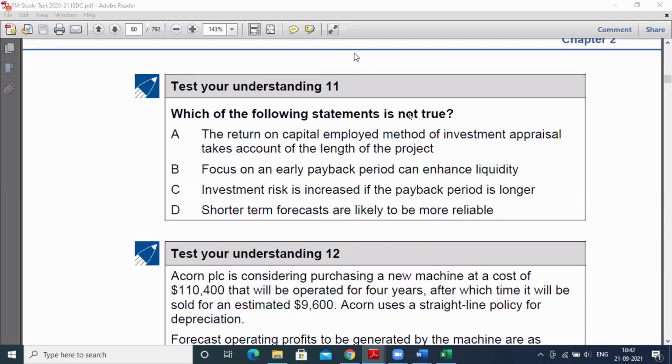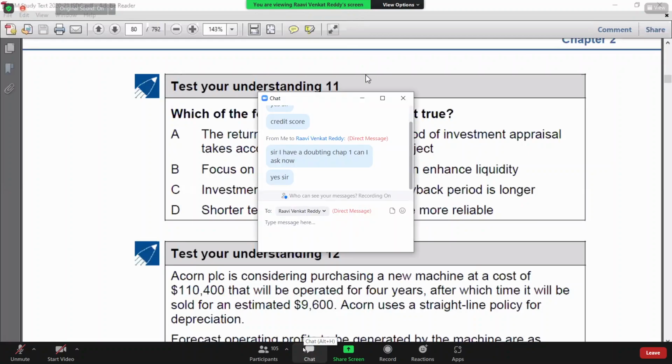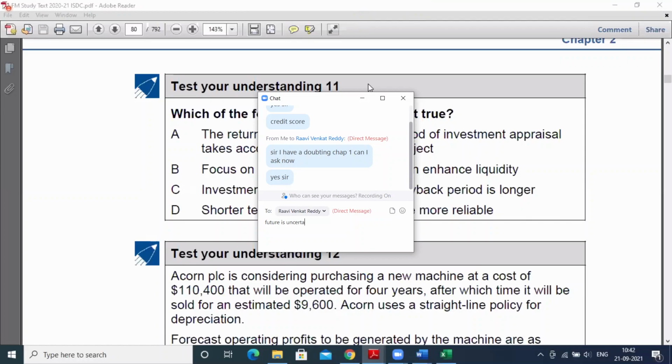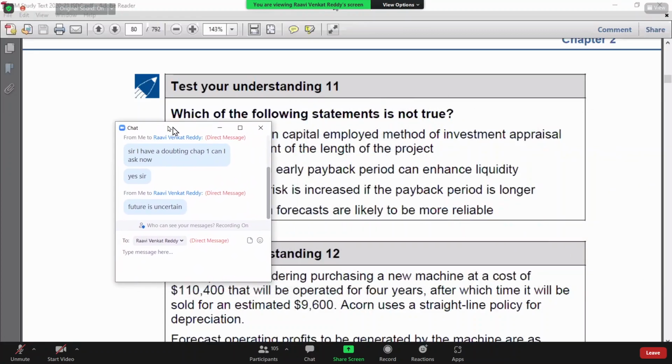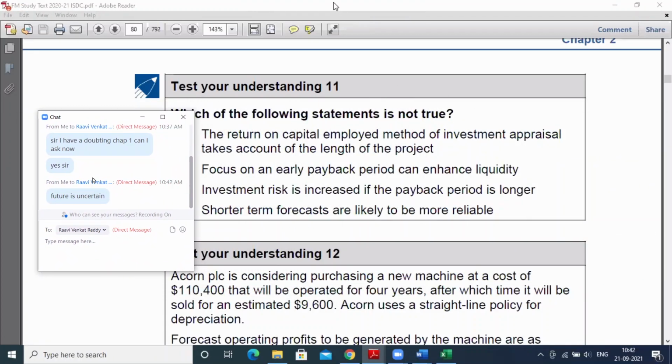Because there's a chance of default of payment if it is longer. Okay. Future is uncertain. Okay, so the associated risk increases.